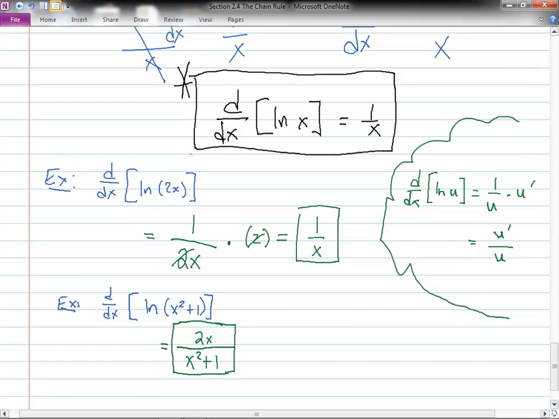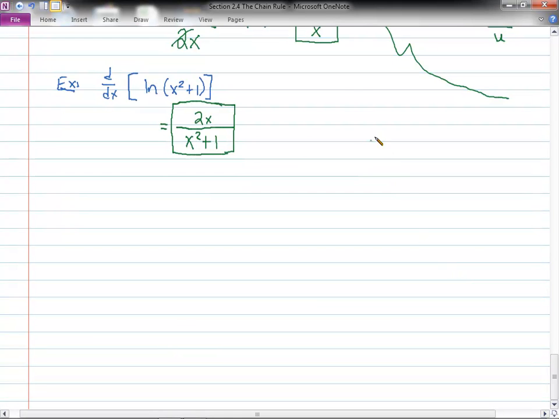Do you remember using the properties of logarithms to expand a single logarithm into a bunch of different logarithms, either added together or subtracted together? Things like if I had natural log of x times y, I can write it as natural log of x plus natural log of y. Does that ring a bell?